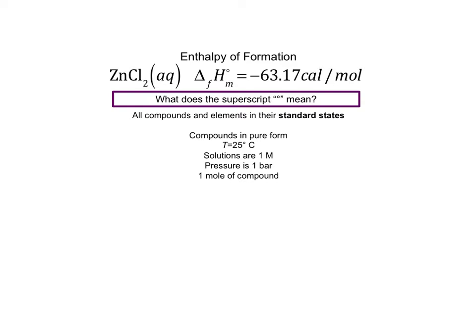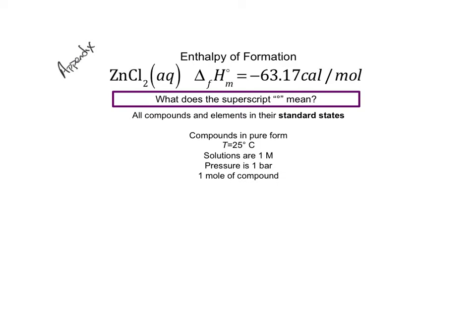When we write something like ZnCl2 aqueous, we can go into a table. This is going to be in the appendix in your textbook, that there is a table of delta H of formation values.